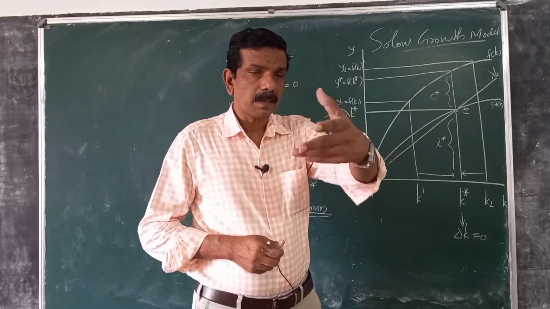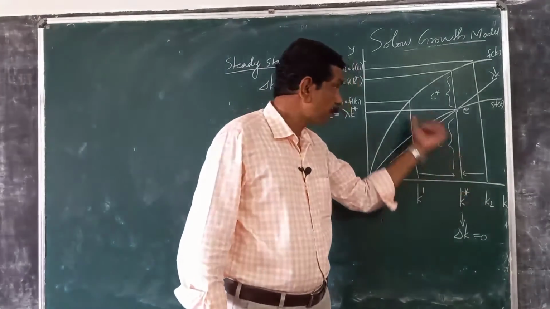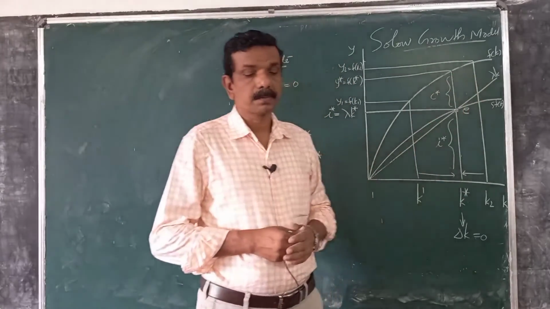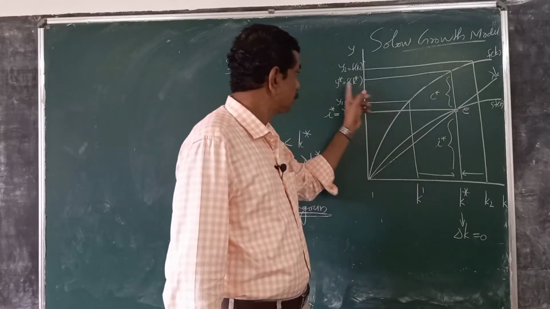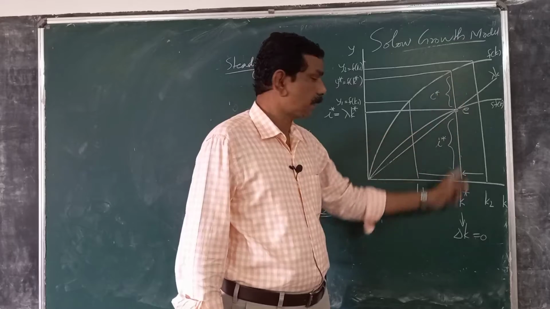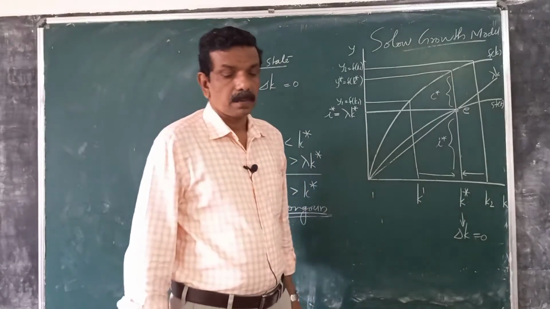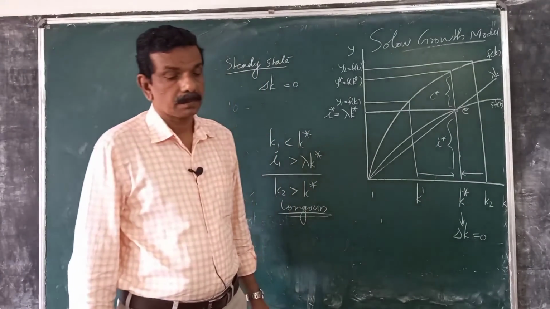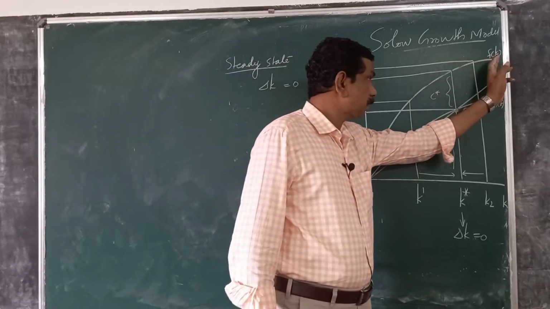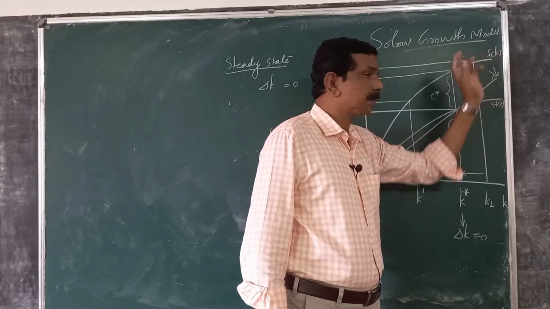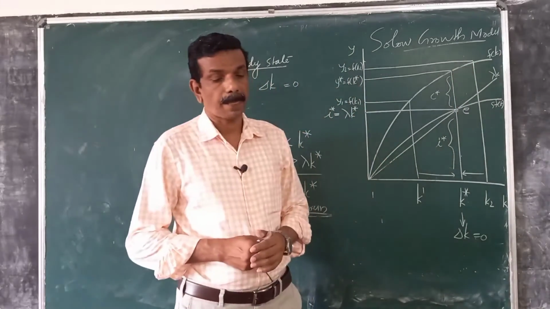And with more capital per head, output per head also increases. At K equal to K star, Y is equal to Y star. This is shown as a movement along the per worker production function in the Solow diagram.